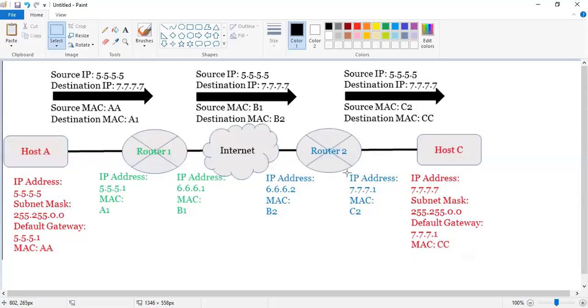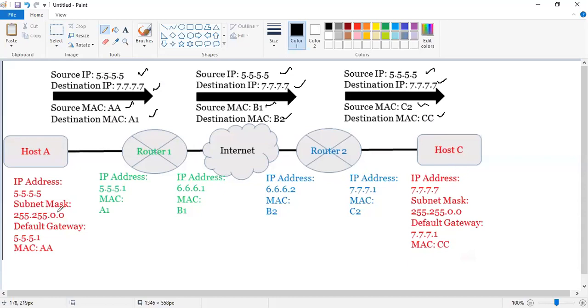If you observe carefully, when the data travels from host A to host C, one clear observation is that everywhere the source and destination IP addresses are the same. Nothing changes. Only the MAC addresses keep changing until it reaches the destination.